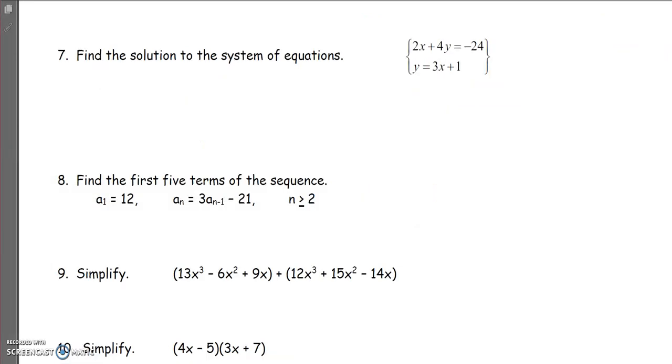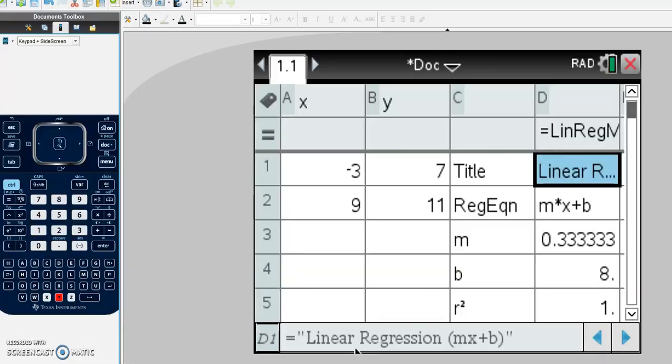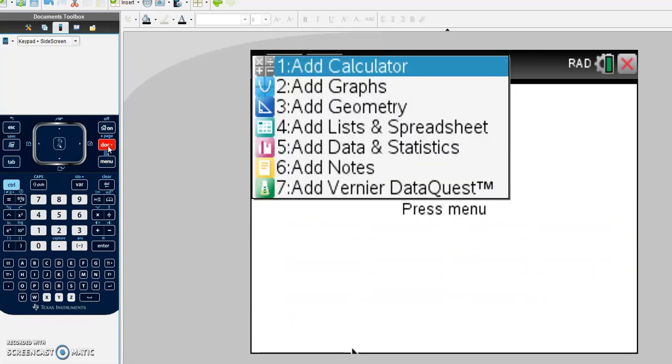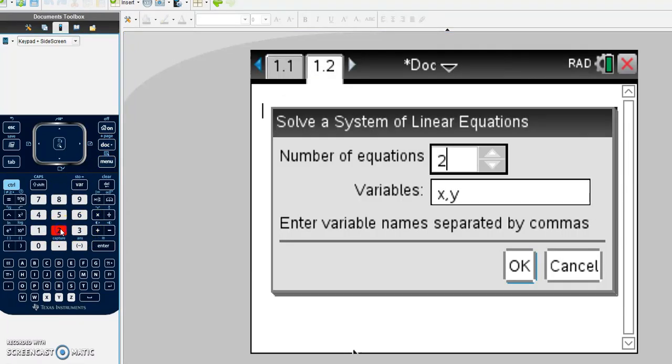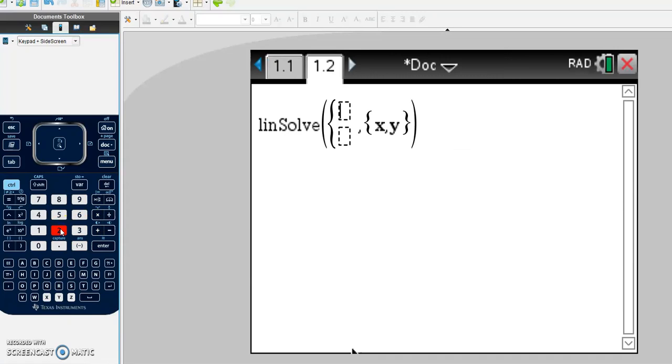Number 7 says find the solution to the system of equations. And again, the easiest way is going to be using our calculator. So when we pull that up, we need to go to either Scratchpad or a new document. If I go to a new document, I need a calculator. Then I will do menu, 3, 2. X's and Y's are fine, so I just hit equal, and then just type in your two equations.